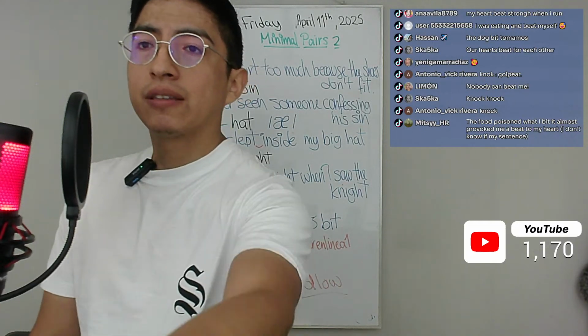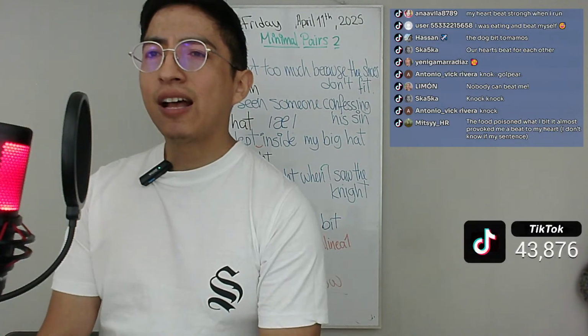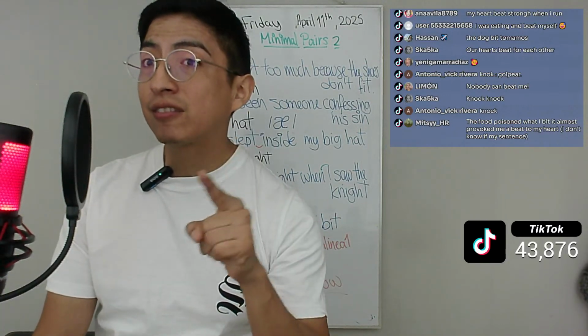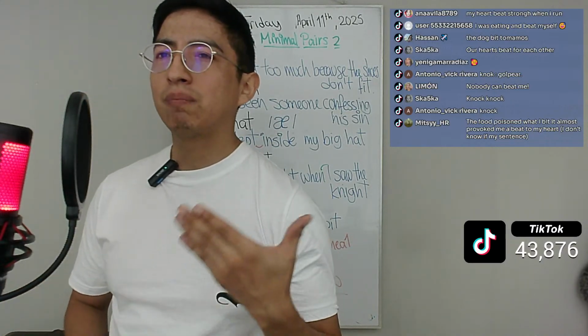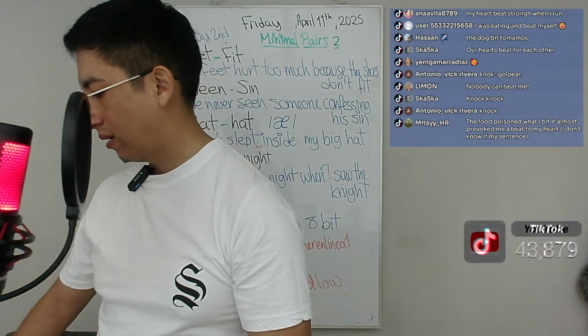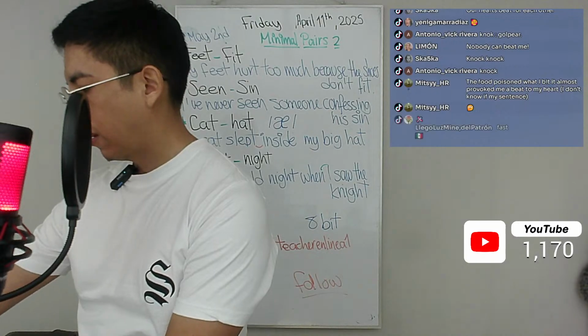I ate a bit of meat. Yes, very good. She speaks English a little bit. That sounds a little bit weird. Yes, that's good. My heart beats strong when I run. In that case, it beats faster, maybe. Yeah, you can use that. It beats faster.